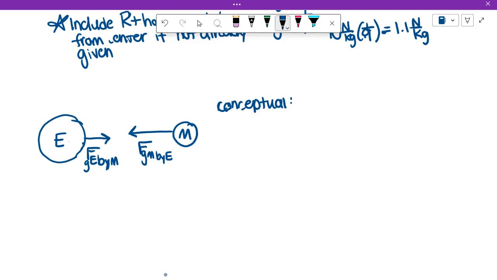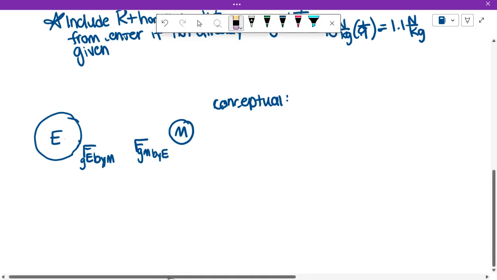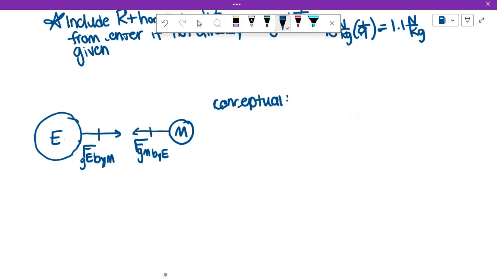So what that means is that the force that the Earth exerts on the moon is equal and opposite to the force that the moon exerts on the Earth. So these two force arrows should be completely equal in size because of Newton's third law.